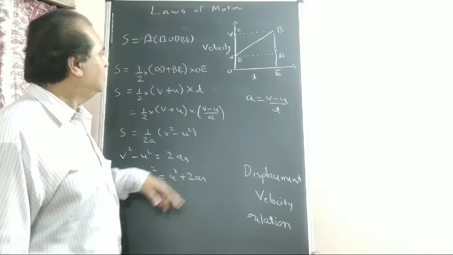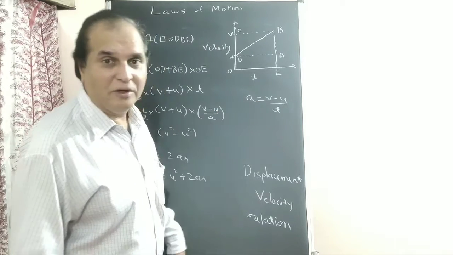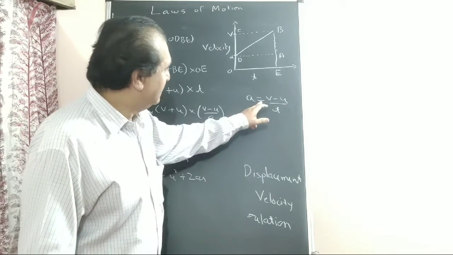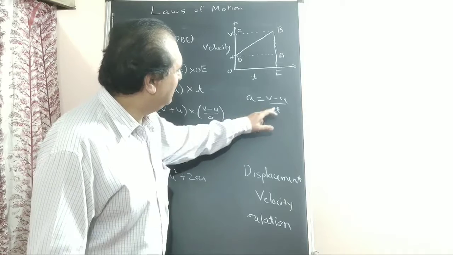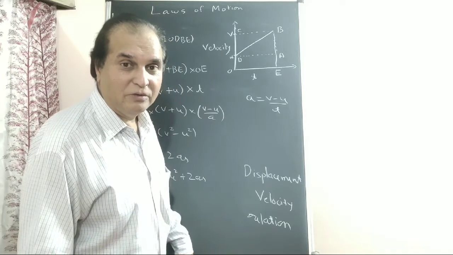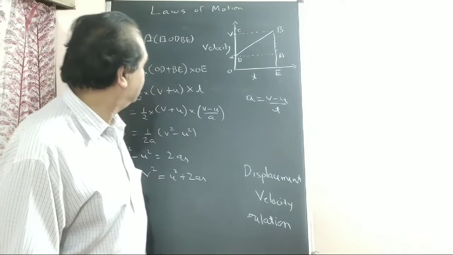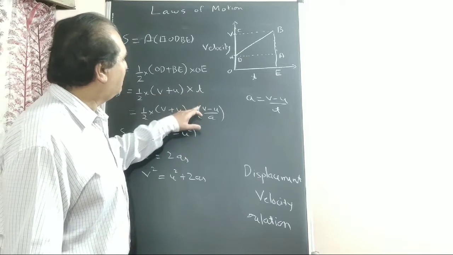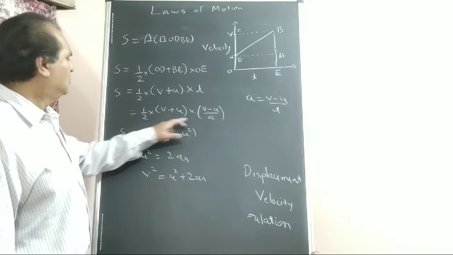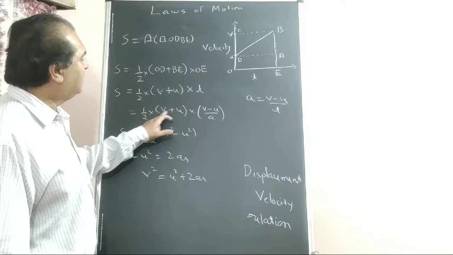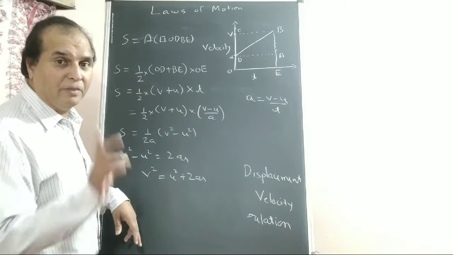Now what do you know? Acceleration is (v minus u) upon t, we have already seen. So t equals (v minus u) upon a, because we don't want time in this relation. So for t, we are putting (v minus u) upon a. So 2a in the denominator, and numerator (v plus u)(v minus u).